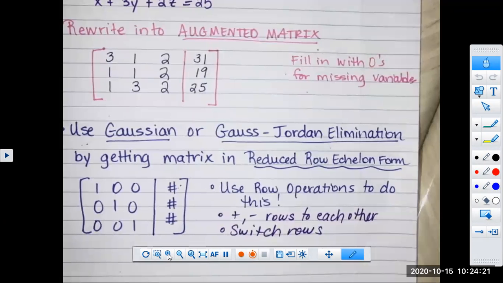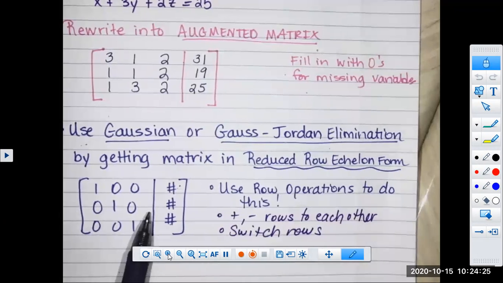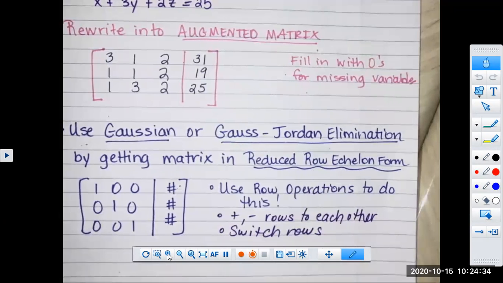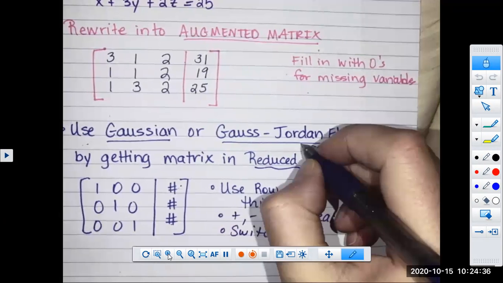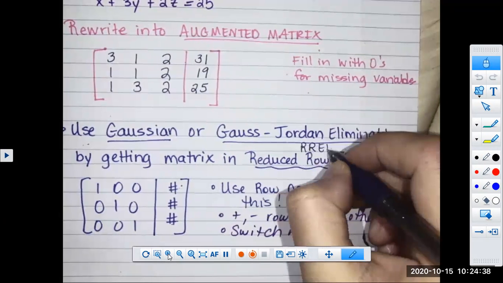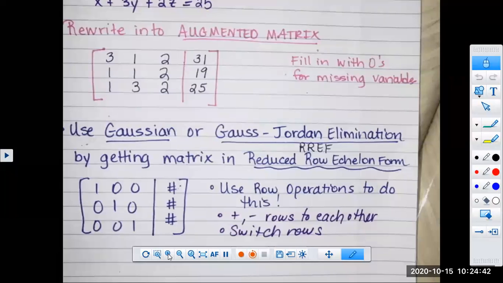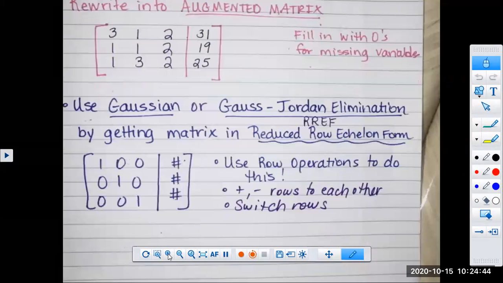When you get your matrix to look like this, it's called reduced row echelon form. On your calculator, if you go to your matrix area, you will see RREF. You don't have to know this either, unless you want me to show you on the calculator later.